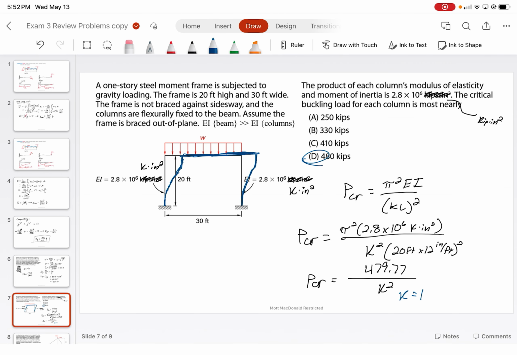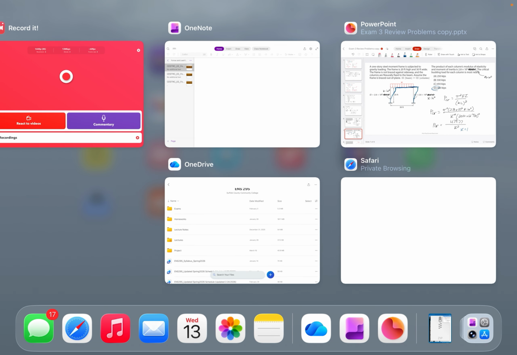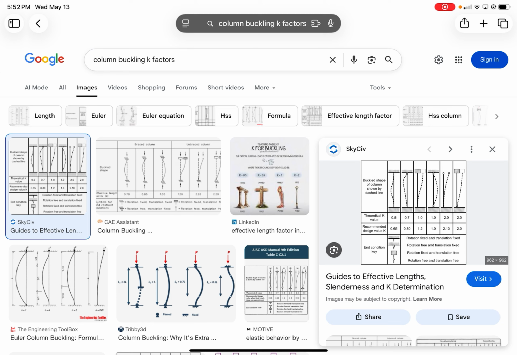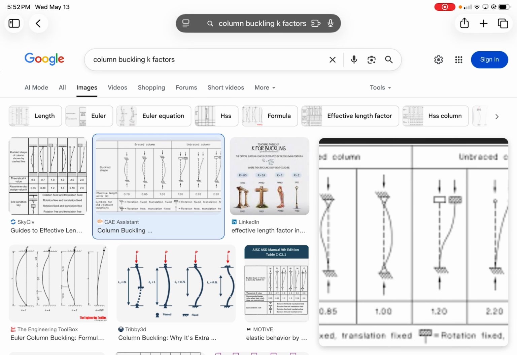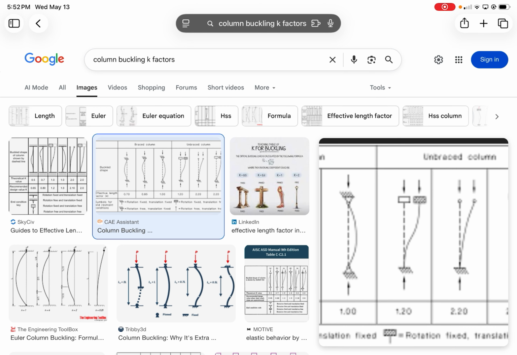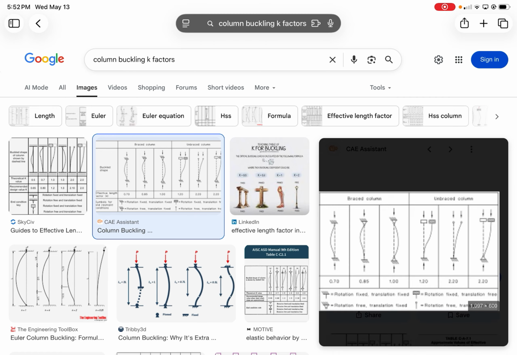Now, if you were looking at a more advanced topic and dealing with the recommended design value from a code-based perspective, that design value becomes 1.2. I know it's a little hard to see from this figure, but you can see it right here, the 1.2 for an unbraced column.